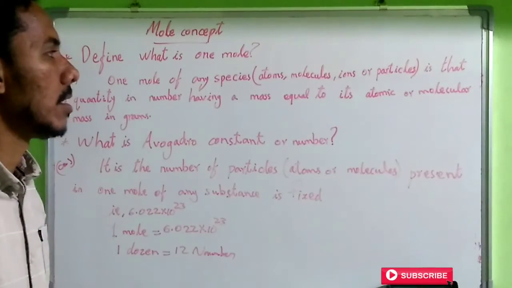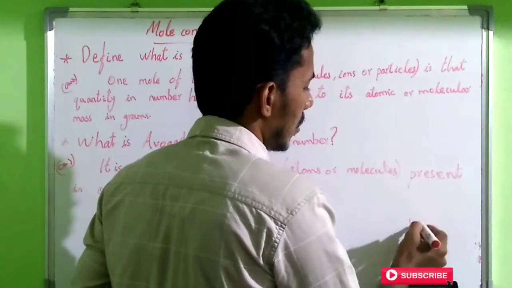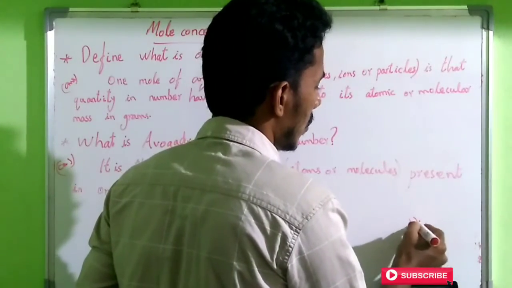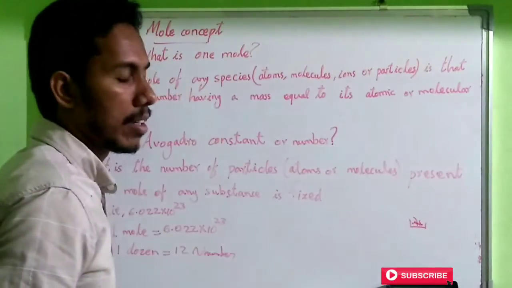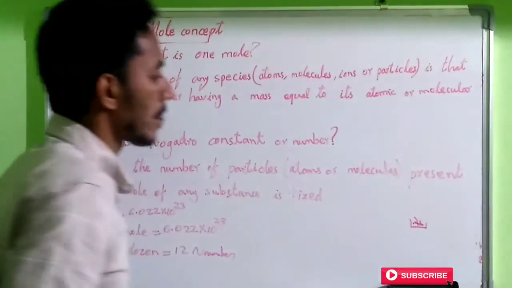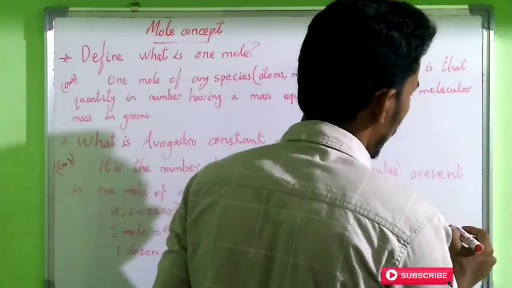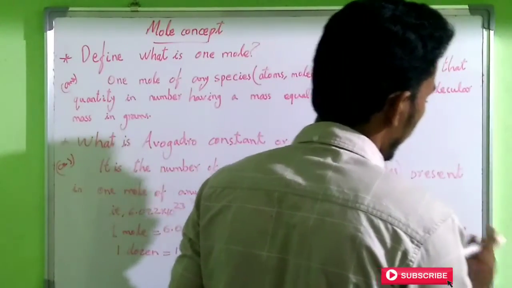That means if you take carbon in a dish, the mass of this carbon is 12 gram.